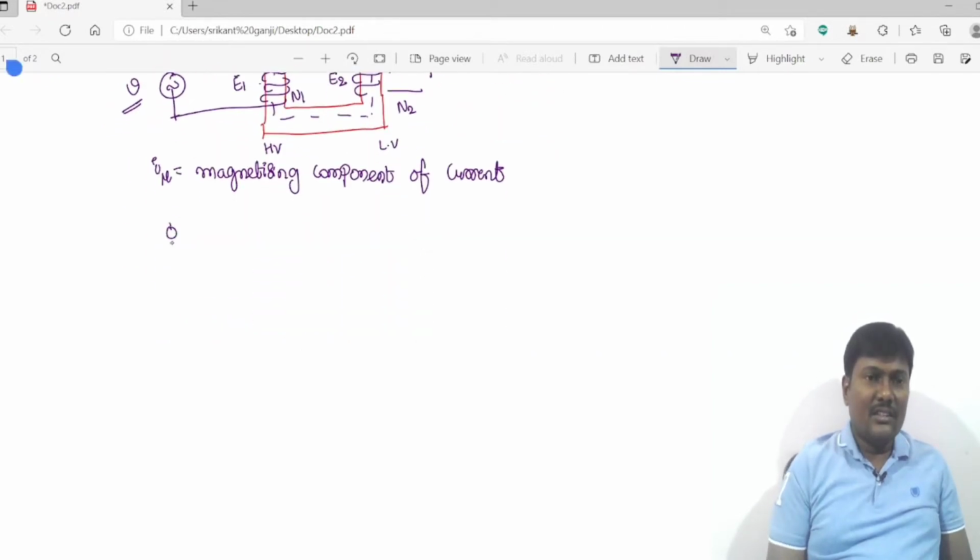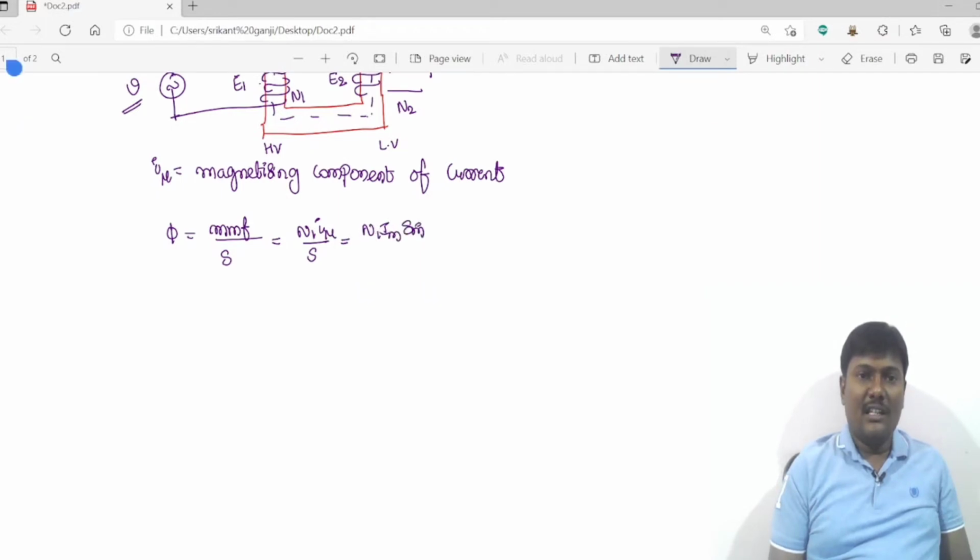With this, an alternating current flows through the magnetizing coil, which will produce an alternating flux, that is N1 into I mu divided by reluctance, or N1 into Im sin omega t divided by reluctance, so phi m into sin omega t.